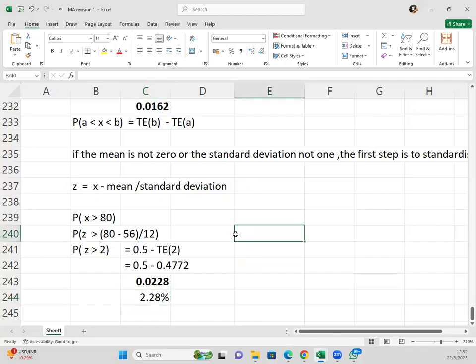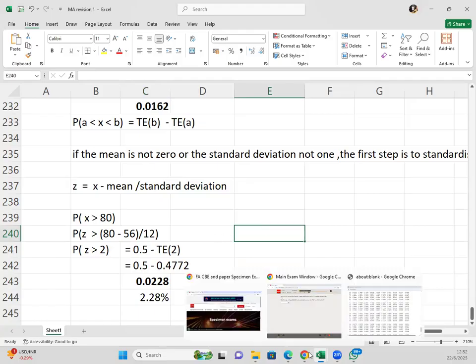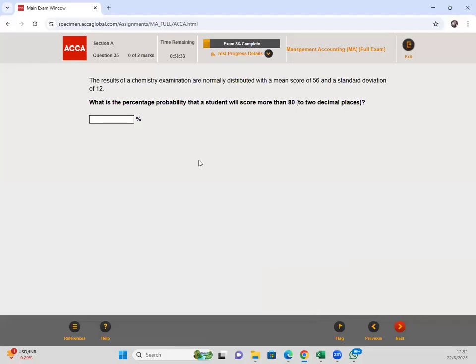So that's what they were asking. So if this is not standardized, where the mean is 0 and standard deviation is 1, you first of all have to standardize. The question had said to 2 decimal places.